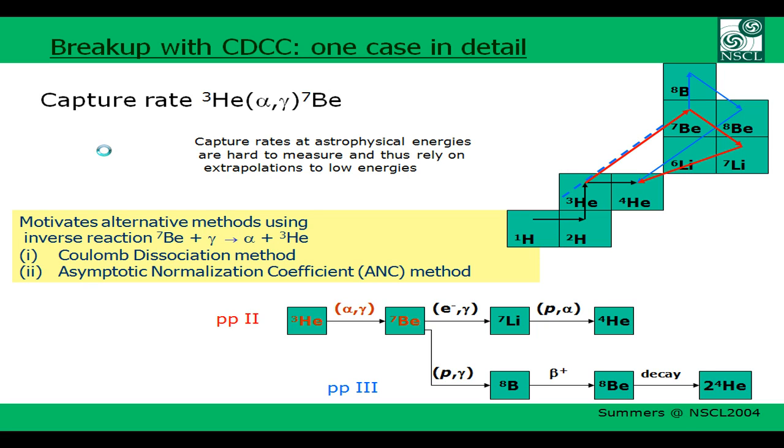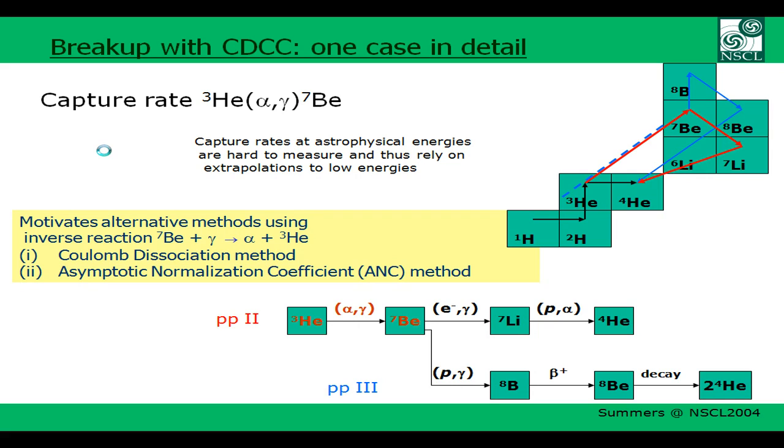So the beryllium-7, how much of it is formed in stars depends on this reaction, the helium-3 alpha-gamma. And this reaction at low relative energies, which are the relevant energies for alpha burning in the stars, has a very small cross-section, so it's hard. People find it really hard to measure directly.